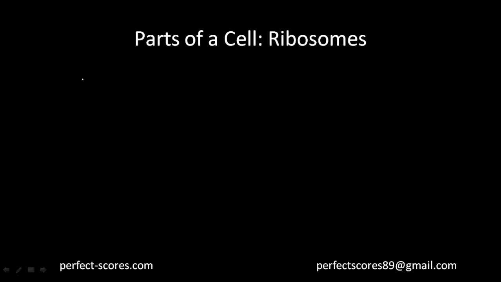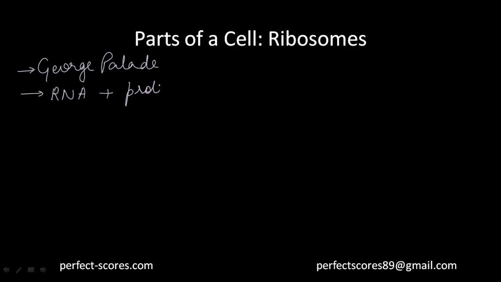Now ribosomes, if you remember, were formed on the endoplasmic reticulum also. These are granular structures and they were first observed by a person known as George Palade. And that was in the year 1953. They're composed of ribonucleic acid, RNA, and proteins, and they do not have any membrane around them.